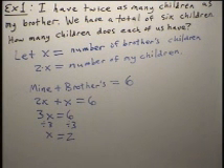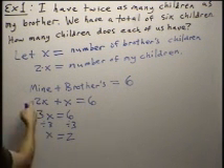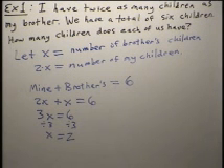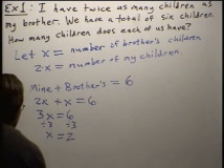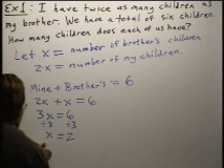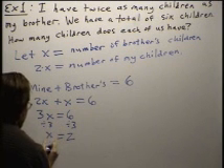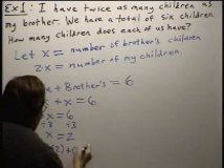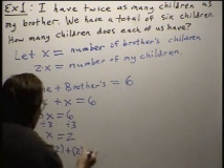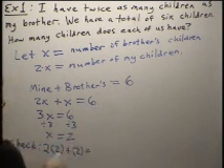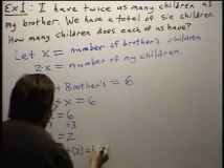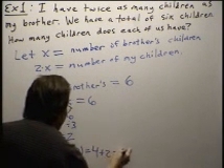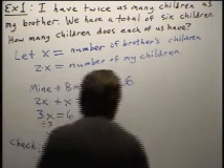Let's check that solution in our original equation to make sure that we didn't make a mistake. So substitute 2 in for x everywhere it occurs and see if I get 6. Well, 2 times 2 is 4. 4 plus 2 is 6. So it does check.